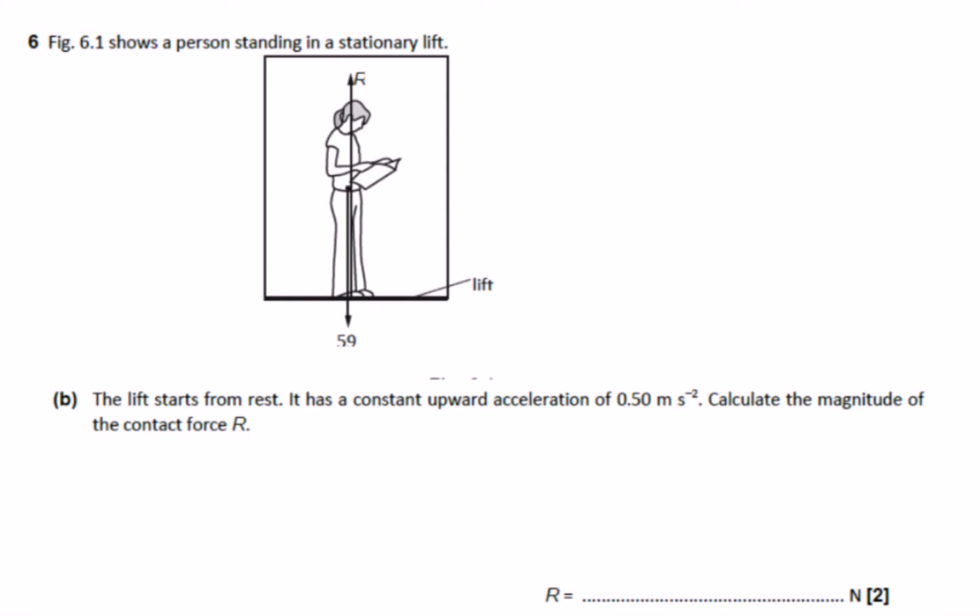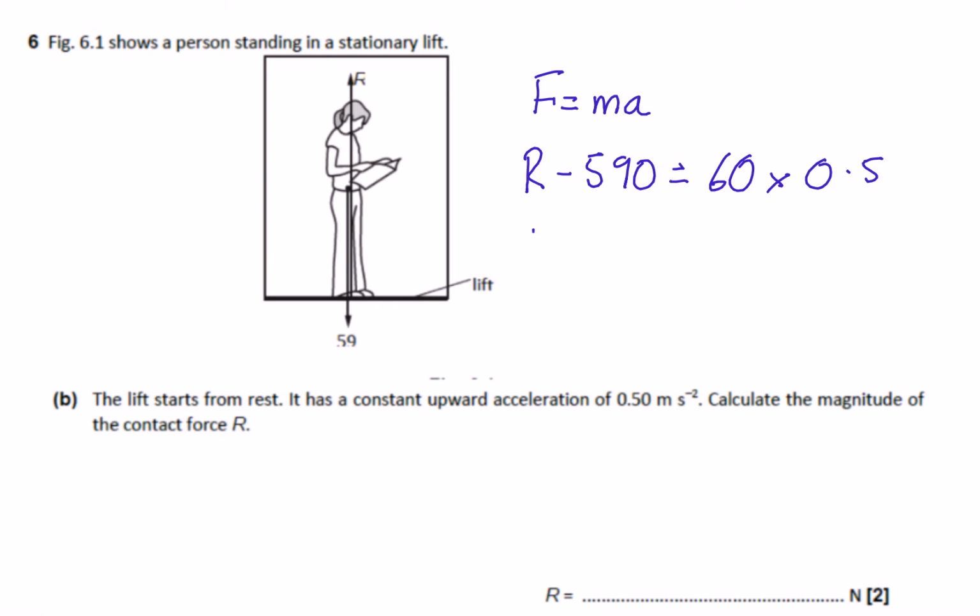We know F is equal to ma, and in here the F is the resultant force, and the resultant force, it's going upwards, is going to equal R minus the weight, which is 590, and that's going to equal the mass of the person, which we just worked out as being 60 kilograms, multiplied by the acceleration, which is 0.5.